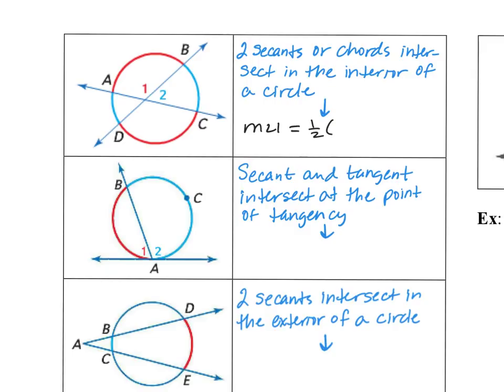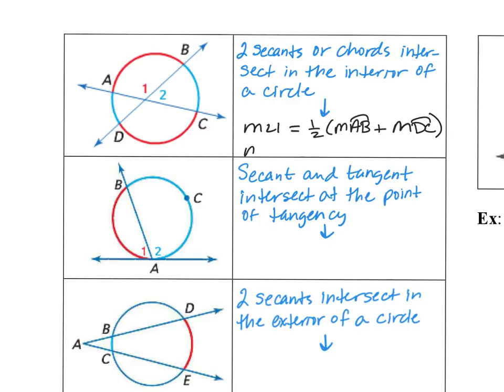So the one arc that angle 1 cuts off of the circle is arc AB. So we'll take the measure of arc AB, and then we will add that to the measure of the arc that's cut off by its vertical angle. So that would be arc DC. We take the sum of the measures of those two arcs, add them together, and that will give us the measure of angle 1.